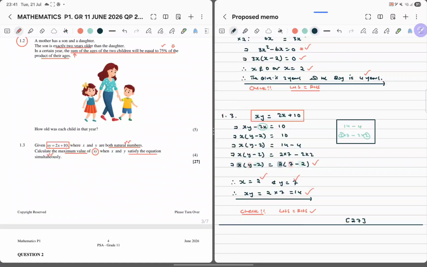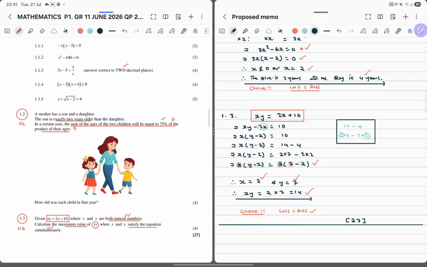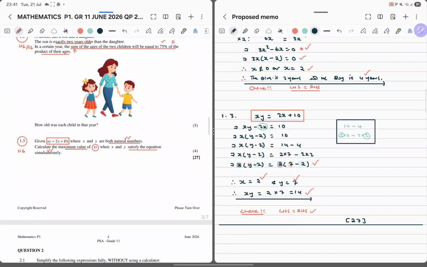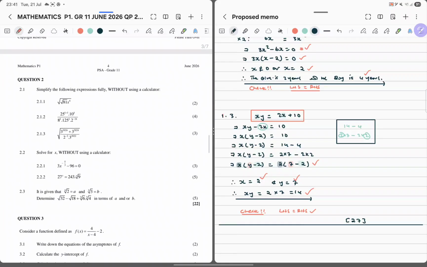You can already see that this is a higher grade question, as well as this one. Perhaps that one is a bit mild though. I think this one would fit both standard and higher grade. But the last one is definitely a higher grade.